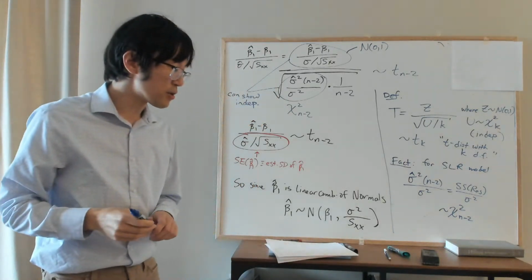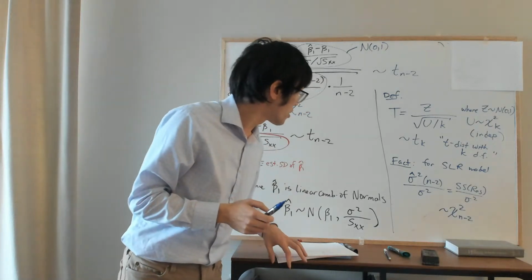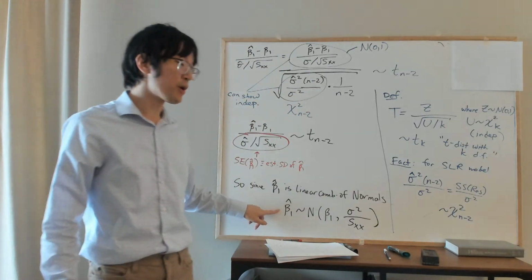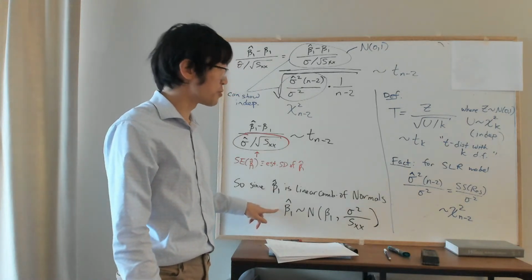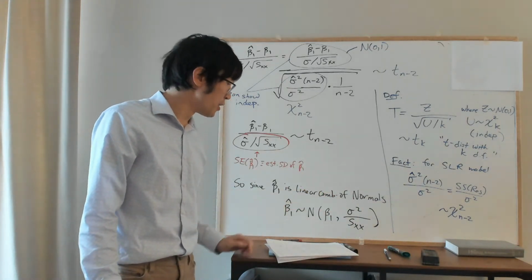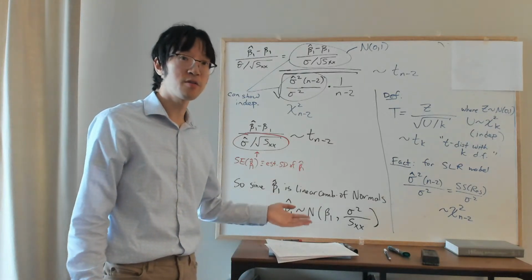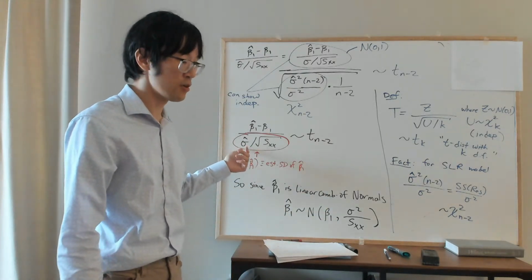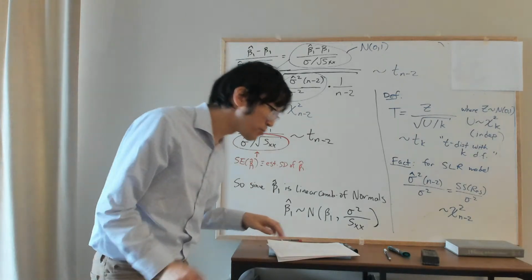So that's a brief explanation for why, even though beta 1 hat has a normal distribution, when we actually do inference, so when we compute confidence intervals for beta 1, and when we do hypothesis tests on beta 1, we use a t distribution, because sigma has been estimated.